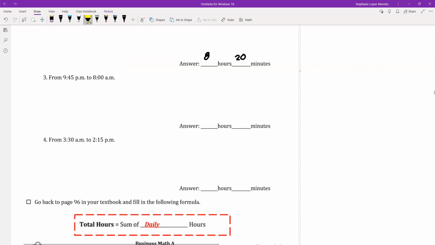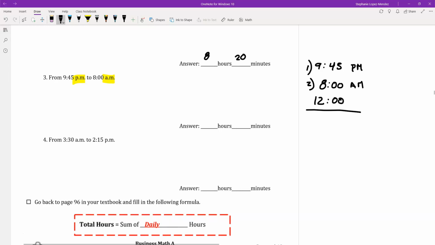Now problem number 3, we have elapsed time from 9:45 p.m. to 8 a.m. First step, figure out what happened first. So my first time is 9:45 p.m. My second time, or my later time, is 8 a.m. We automatically know that we need to add 12 hours to our later time. So 8 plus 12, that is 20 hours.